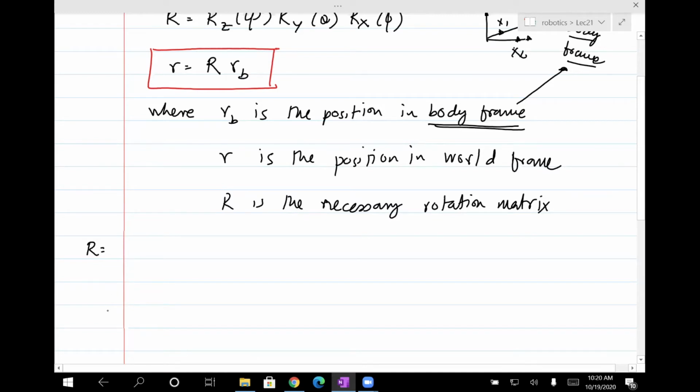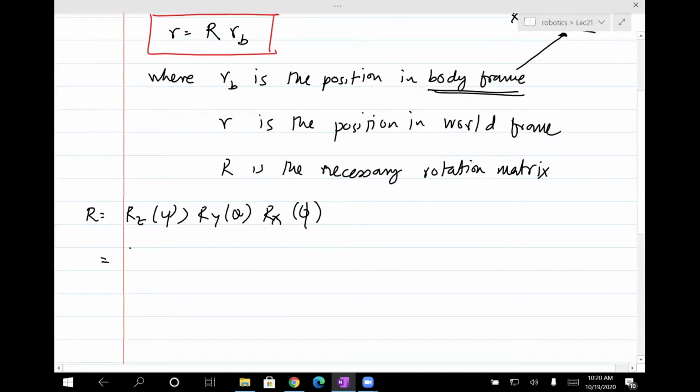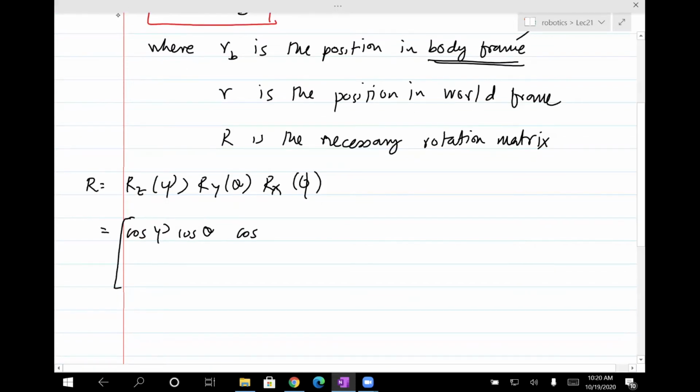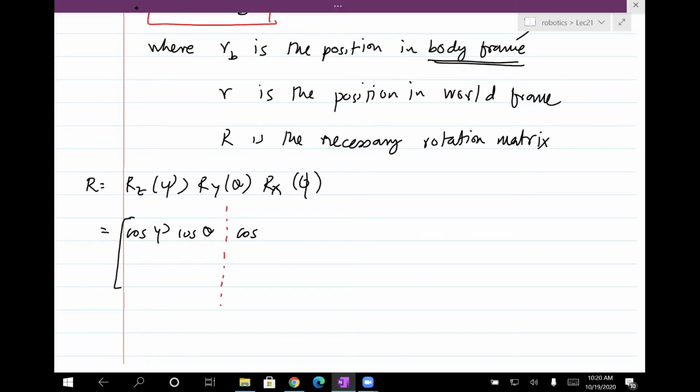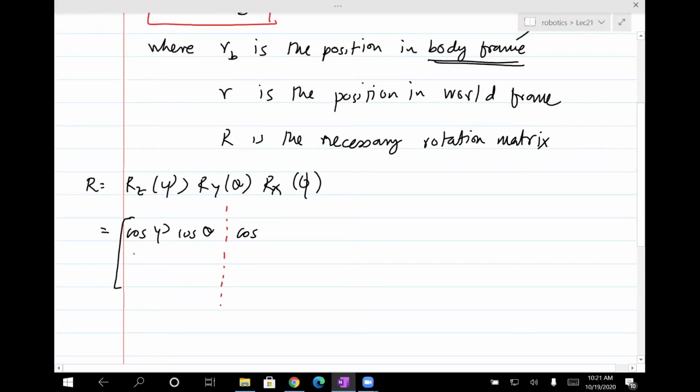So R is again Rz psi, Ry theta, Rx phi. And when you expand this, you get cosine of psi, cosine of theta. It's easier on the eye if I do it this way, so let me draw the red lines to make it easy to see the columns and rows.